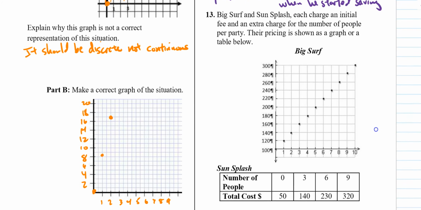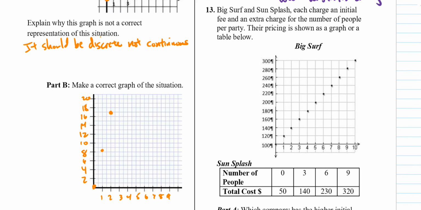13. Big Surf and Sunsplash each charge an initial fee and an extra charge for the number of people per party. Their pricing is shown as a graph or a table. So it's an initial fee. That's going to be a constant. So that's just some value that they're starting at.